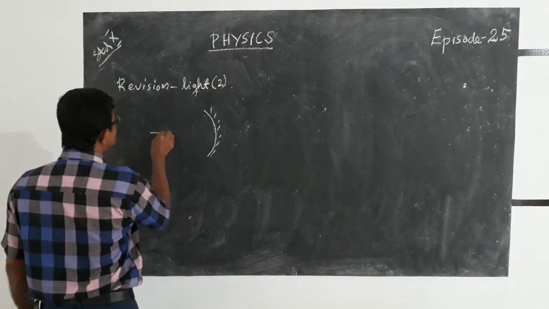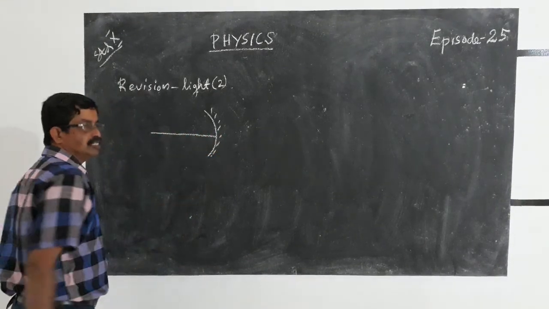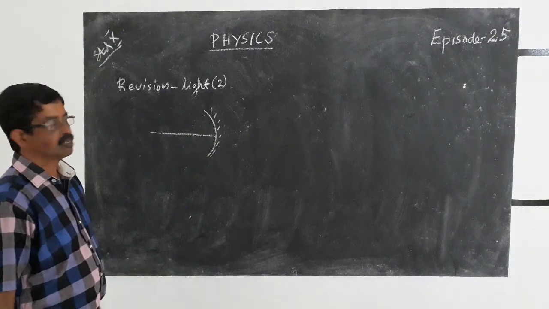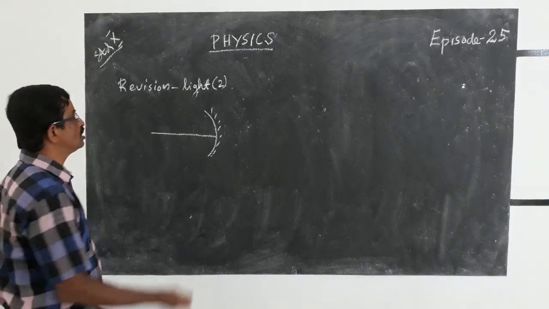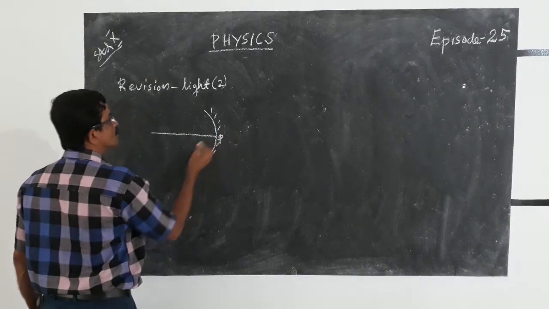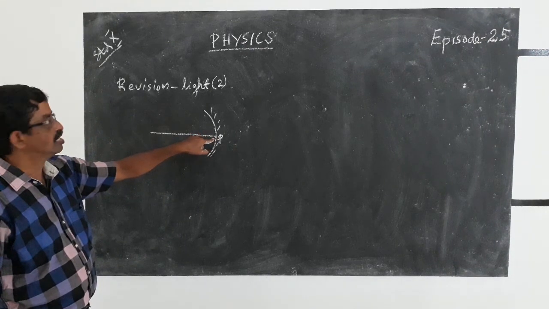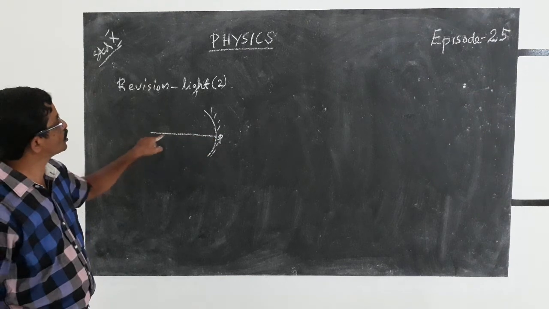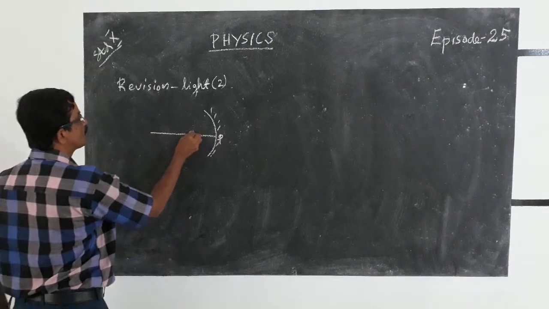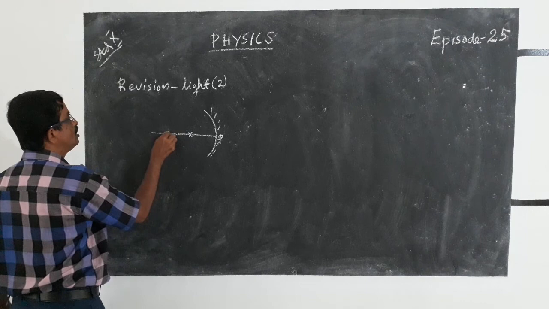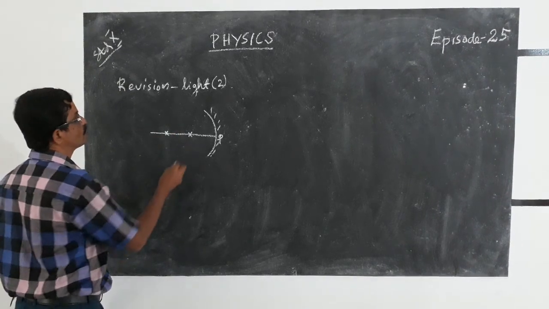And this is the principal axis, and this is at the point B at an angle of 90 degrees. So this one is the normal here. This is the principal focus and this is the center of curvature.